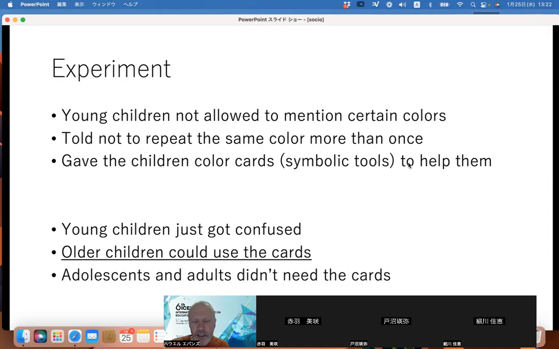I think so. Very young children can't do it, right? They're too young. They're not able to organize themselves. But the older ones can use these symbolic means. The symbol actually structures the way they think, and then it helps them to avoid using the cards. And the adolescents and the adults don't need it.